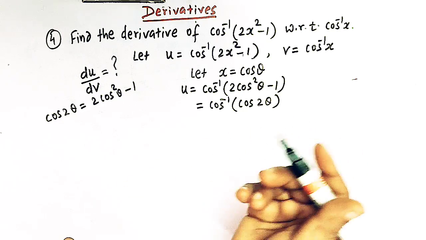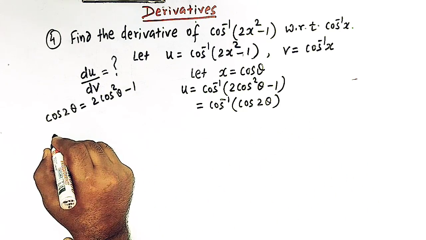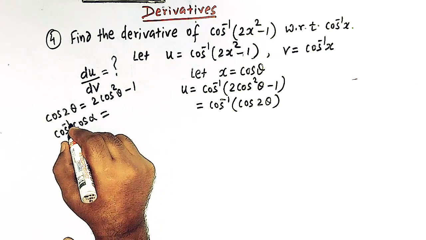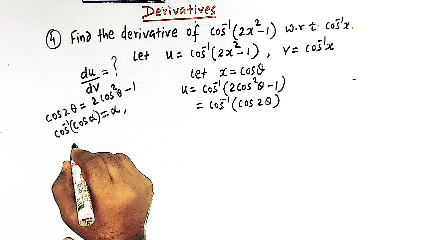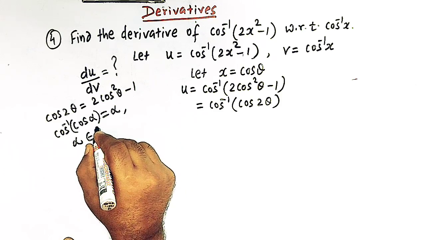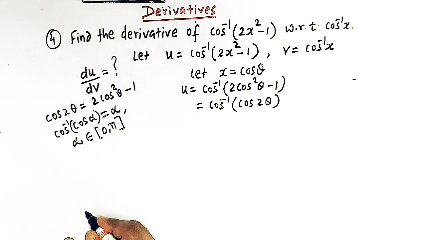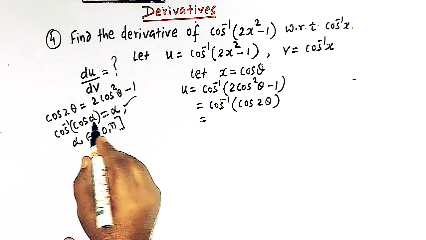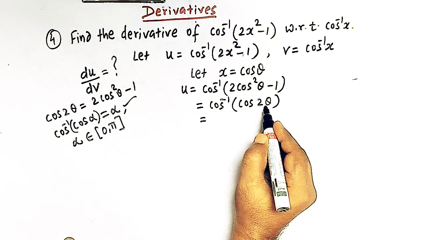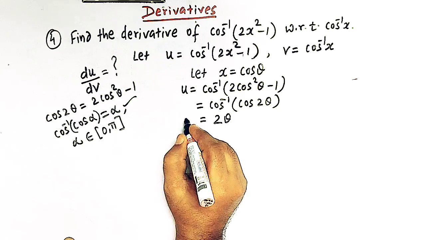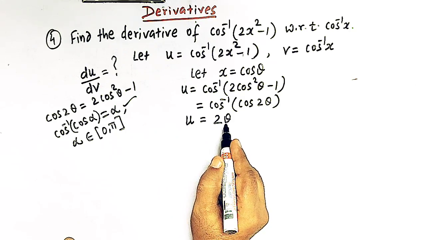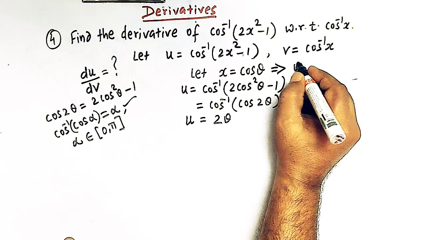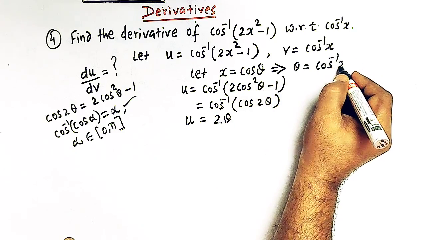And again, by inverse trigonometric functions, we know that cos inverse of, say, cos alpha is equal to alpha when this alpha belongs to the interval 0 to pi. So here alpha is 2 theta. So due to this result, we can now write cos inverse cos 2 theta as simply 2 theta. So we have u is equal to 2 theta, and from here we can now express theta in terms of x, as theta is equal to cos inverse x.